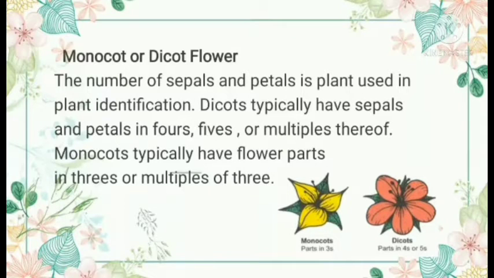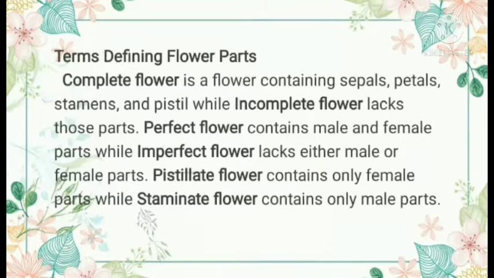Monocot or dicot flower. The number of sepals and petals is used in plant identification. Dicots typically have sepals and petals in fours, fives, or multiples. Monocots typically have flowers in threes or multiples of three. Terms defining flower parts: a complete flower contains sepals, petals, stamens, and pistil, while an incomplete flower lacks some of those parts.